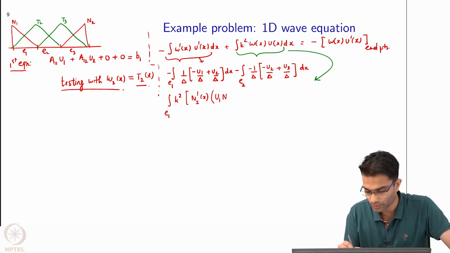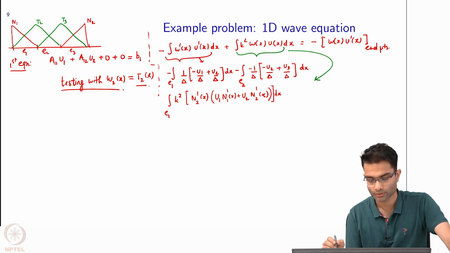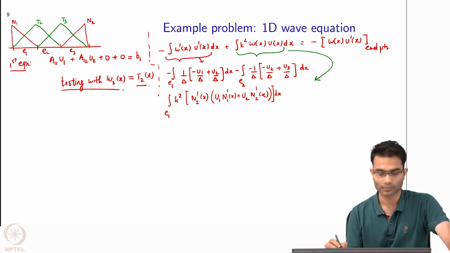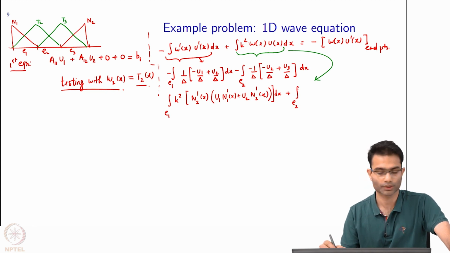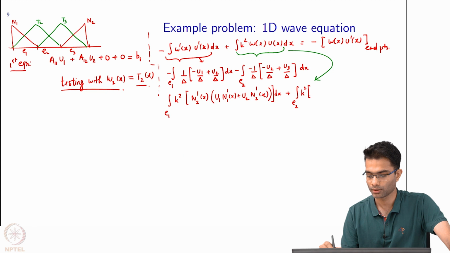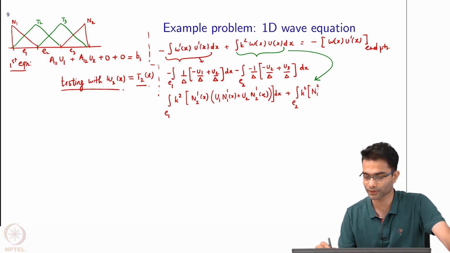U1 N11(x) plus U2 N12(x), first term, and another term which is coming from integration over E2 of k squared. What term will come now? This is segment 2, element 1, I mean shape function 1.